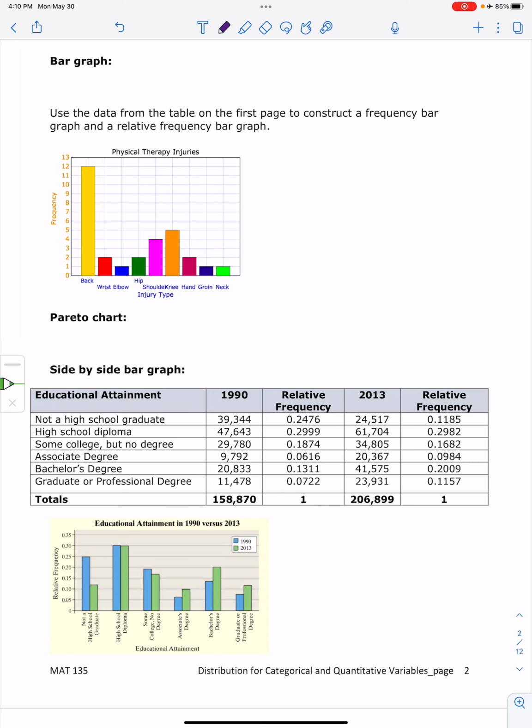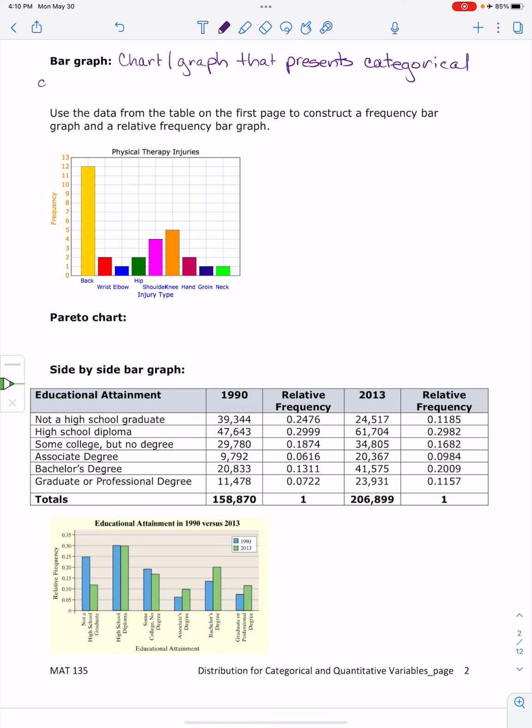Okay, so a bar graph is a chart, and I'm never going to ask you for these definitions, or a graph, but I do want to explain them, that presents categorical data, and that's important. Remember, our categorical data is our qualitative data, our quality, those descriptors.